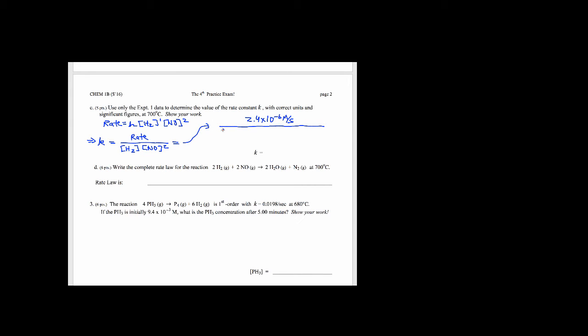And our concentrations are 0.0100 molar to the first order for H2, and then 0.0250 molar, and that's squared for NO concentration. And then what that equals numerically, we get 0.38 to 2 sig figs.